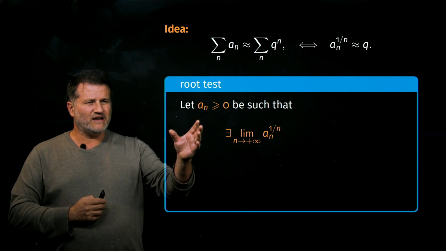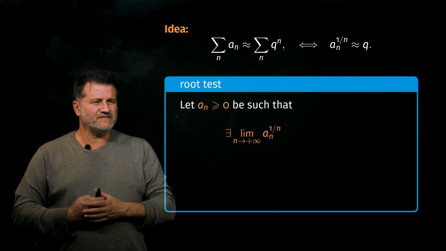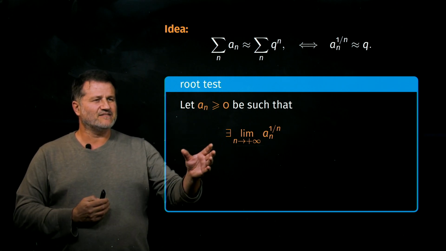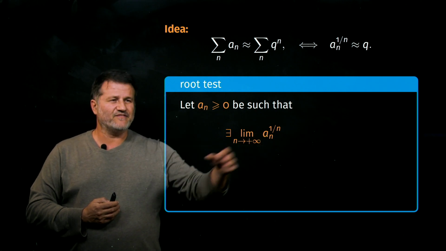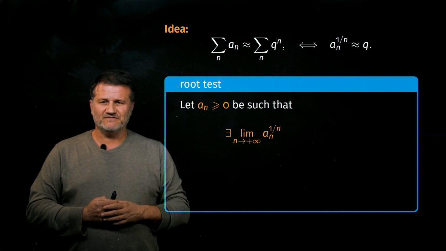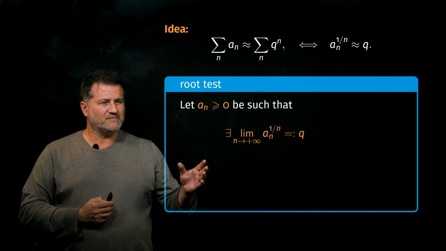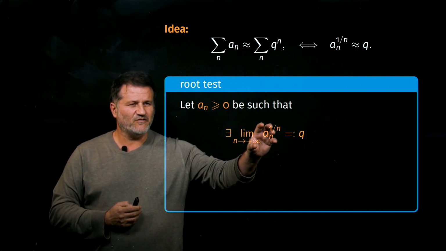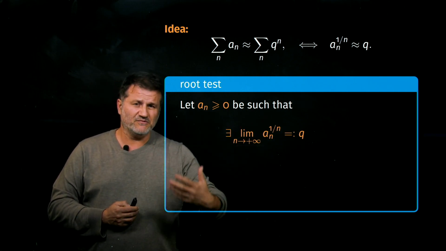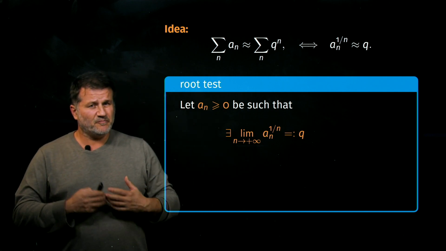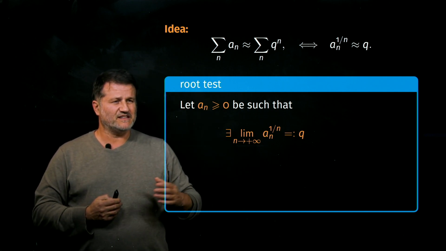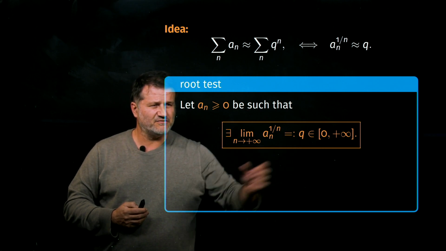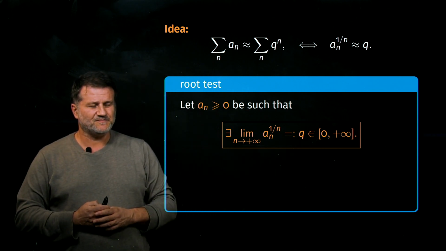So we assume to have a sequence a_n of positive terms such that there exists a limit of their nth roots for n going to plus infinity. We call this limit q, and since it is a limit of positive quantities, it will be greater or equal than 0 and potentially equal to plus infinity. So it will vary in this range, 0 to plus infinity.